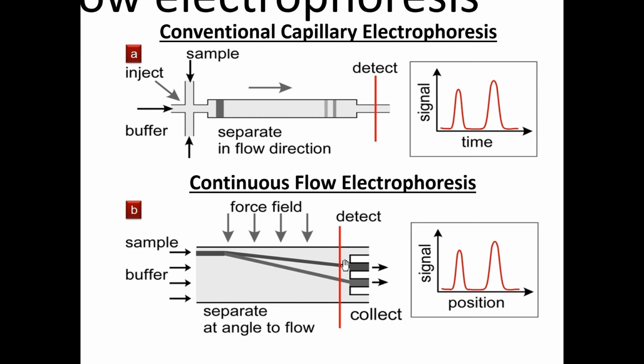So you'll end up with these different bands at the end of the channel. Instead of your electropherogram being time versus the signal, you'll have position versus the signal. Your detector actually has to scan across like this, across the length of the channel.